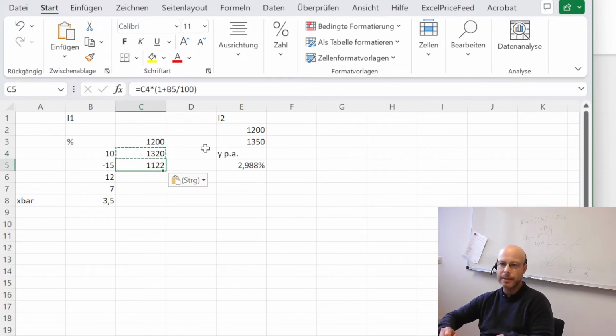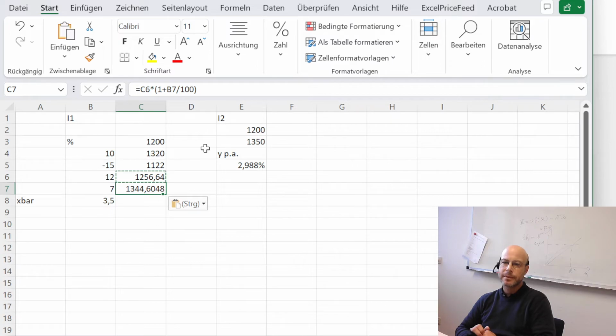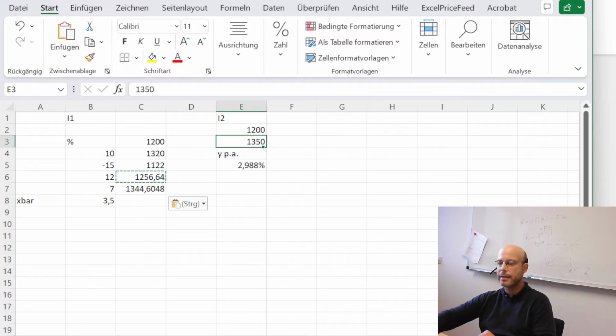So the same formula, but we are going down. Then up with 12% and up with 7%. And voila, we see we are coming to 1,344, which is less than 1,350. So taking just the average via the arithmetic mean is of course wrong.